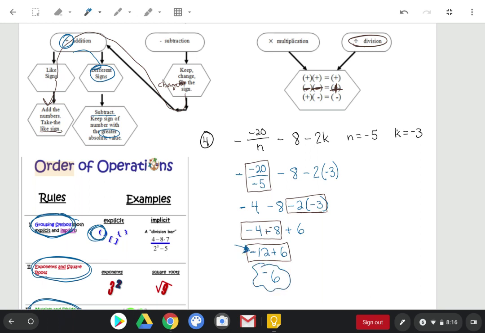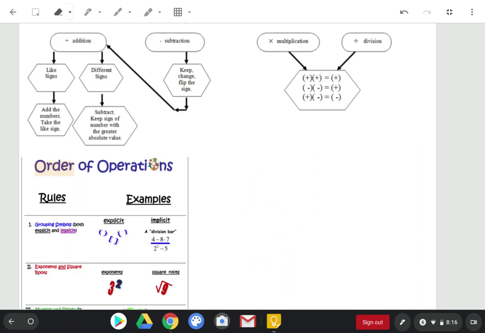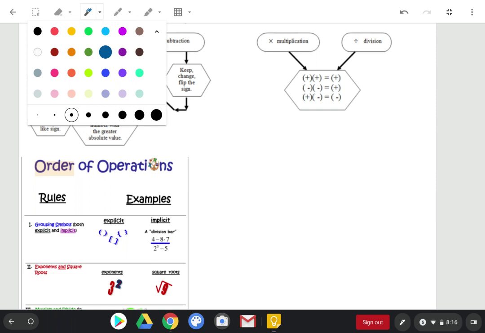Let's look at another problem. So I am now looking at problem number 7.